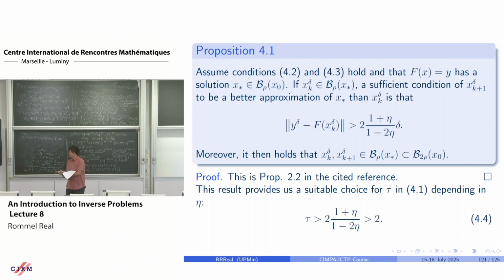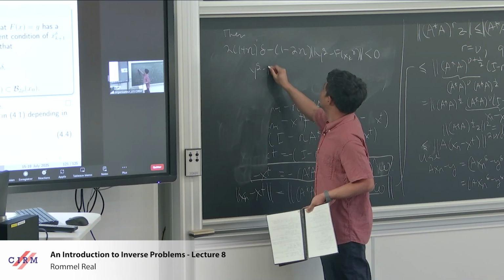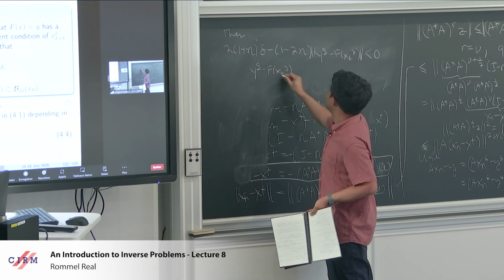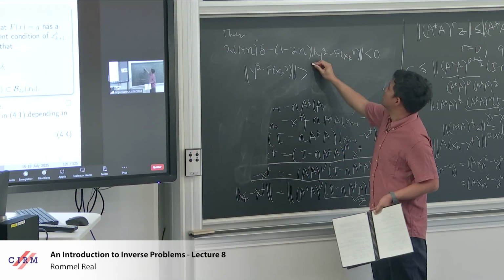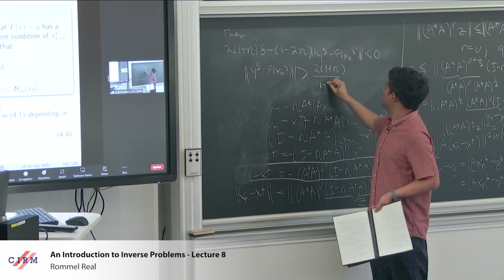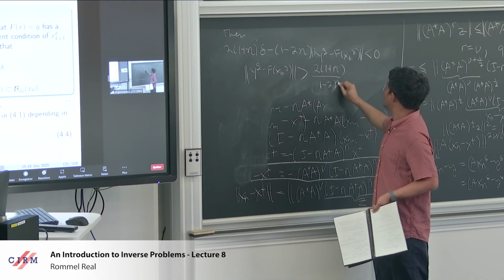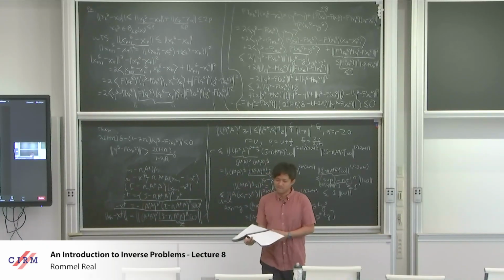And then that will lead, by manipulating that one, to this sufficient condition, which I'll just write over here. So that's 2 times 1 plus eta over 1 minus 2 eta delta. Okay. And that completes the proof.